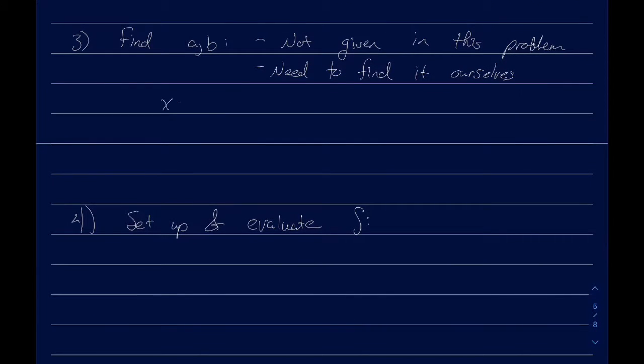We're going to set x equal to x squared and then solve for x. And when we do that, we get x equals 0 and x equals 1. So this x equals 0 is going to be our a, and this x equals 1 is going to be our b.